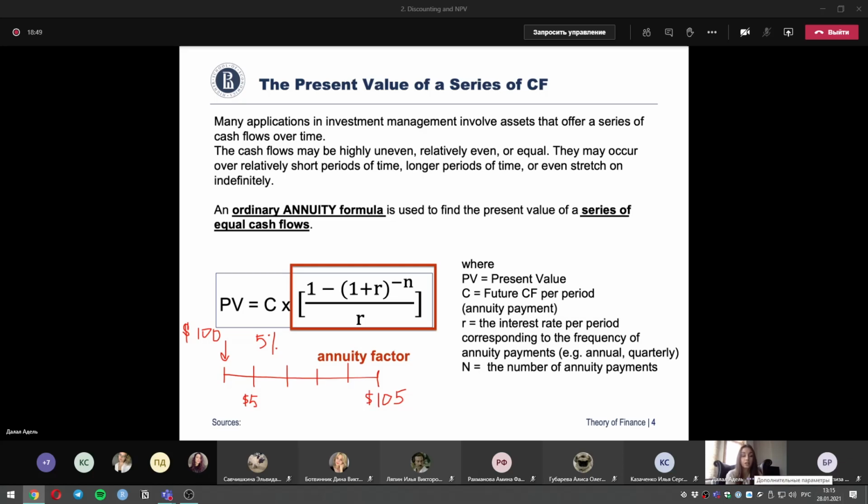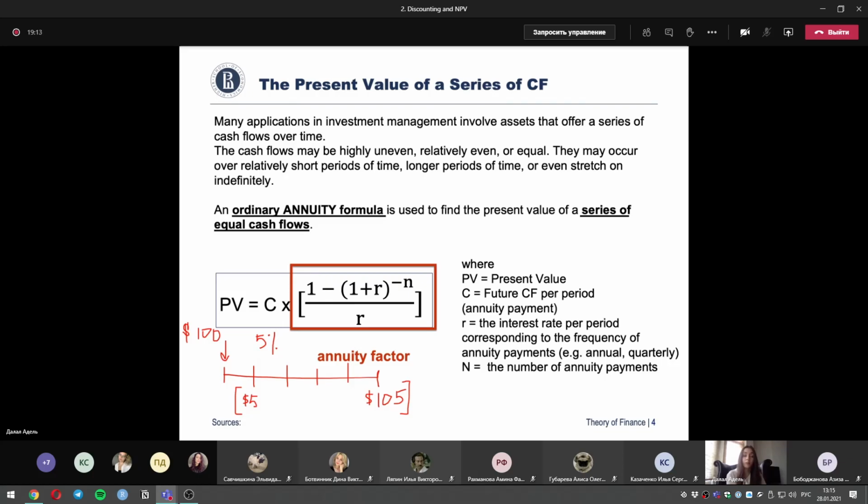So we can just take all the coupon payments and calculate their present value as an annuity, and then take this face value of $100 and calculate its present value. And then by summing it all up, we see how much.